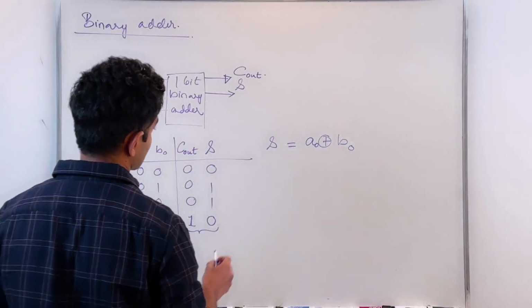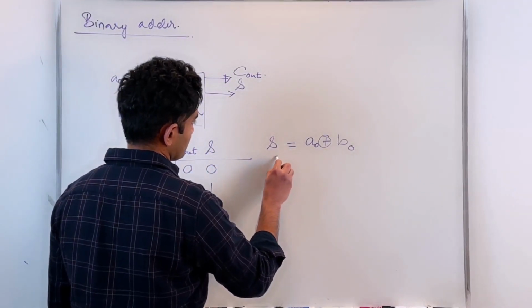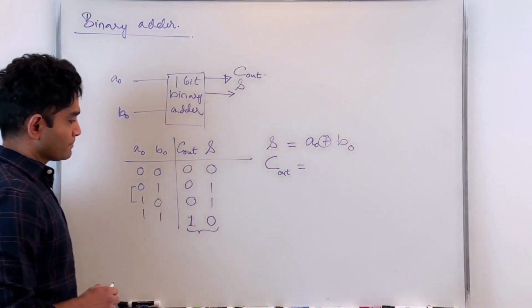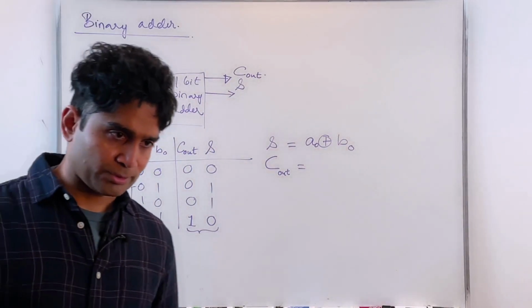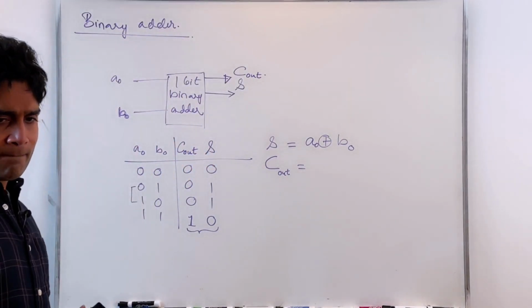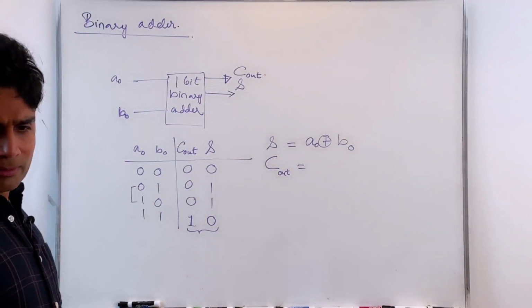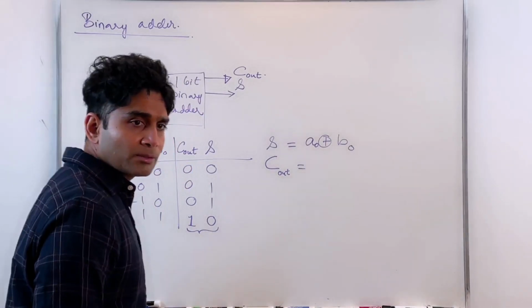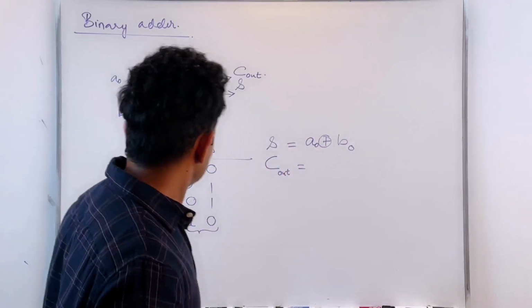What about C out? What can you say about C out based on the truth table? Yeah, A naught and B naught.